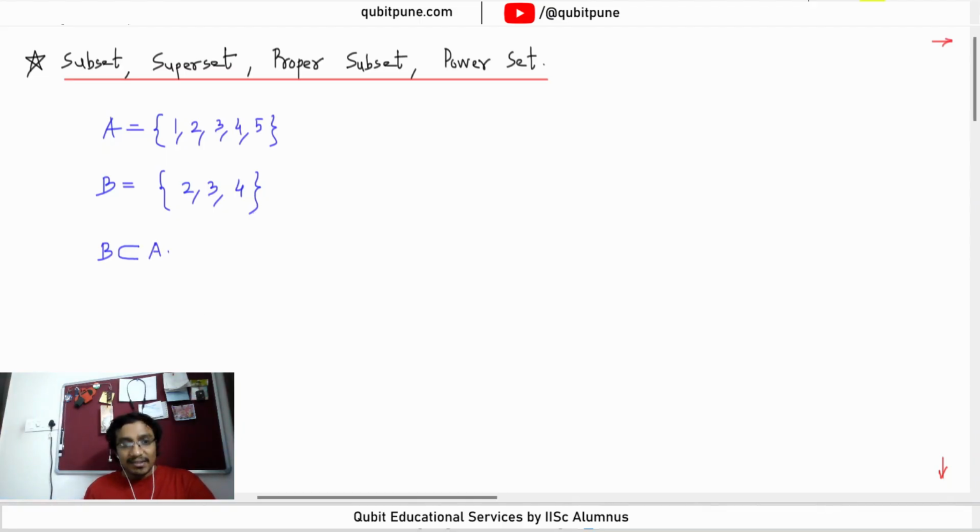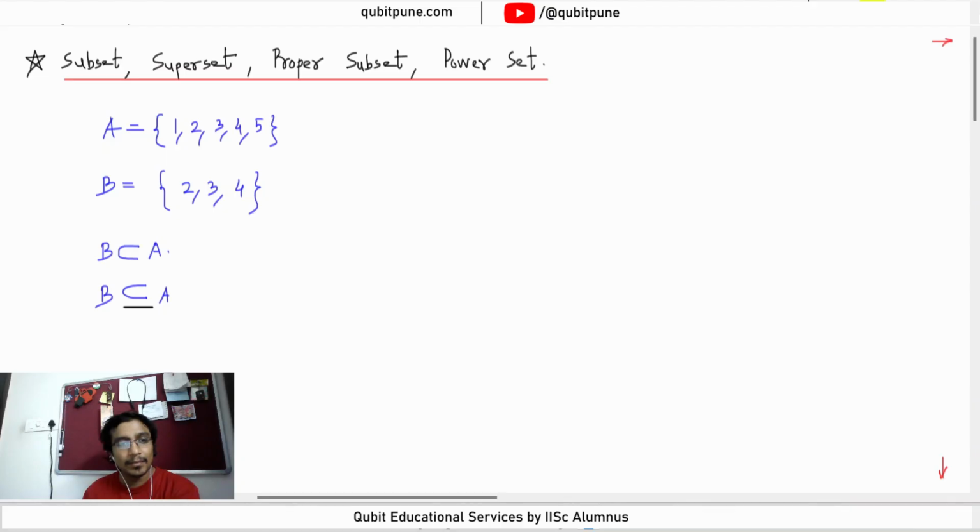Now the actual symbol of a subset also has a line below that U. Can you tell me what that line is for? Do you know what that line below the inclined U is for?